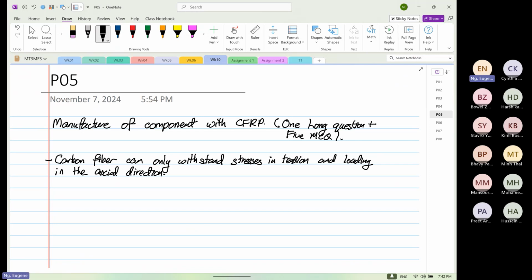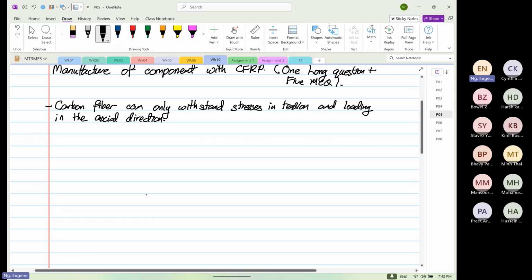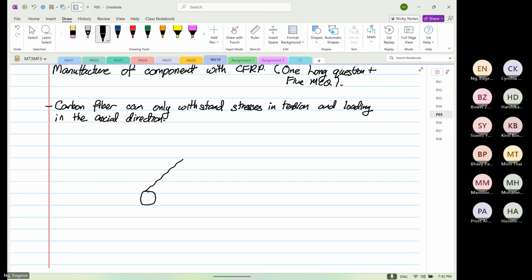So if you have one fiber, the green line is the centroid axis.